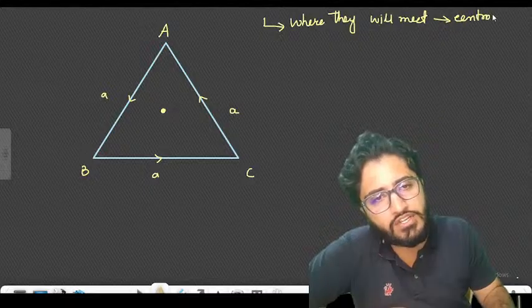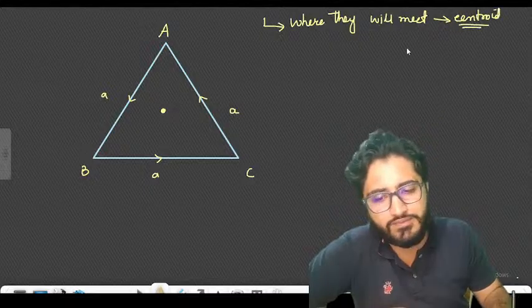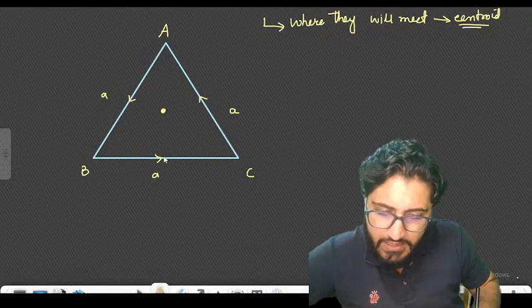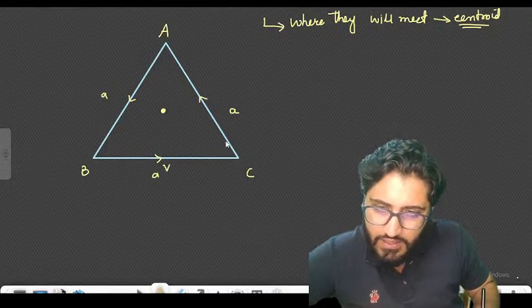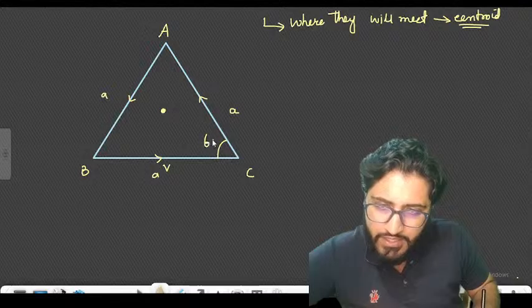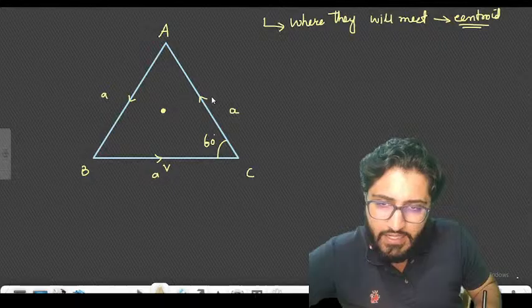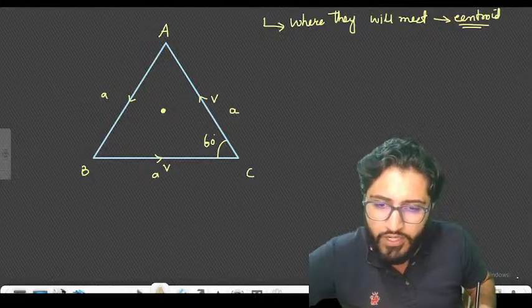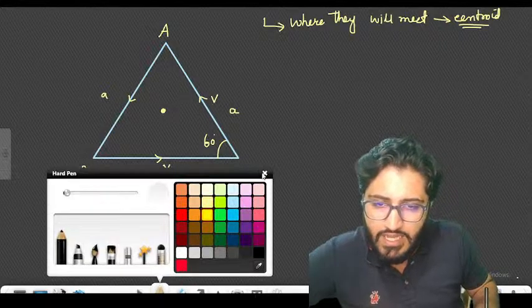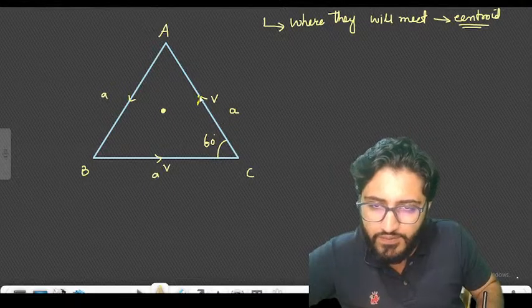Now what is the condition that they should meet at the centroid? Look now. If a particle is going with velocity v, this angle is 60 degrees. Why? Because it is an equilateral triangle. This particle is also going along v. Now take the component of this v.